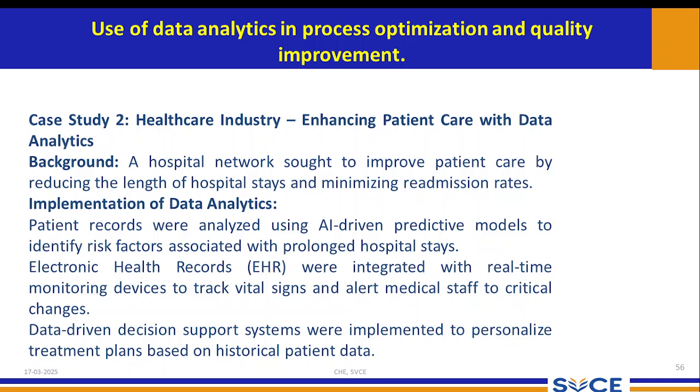As I told you while covering this part, you can have a sensor connected to your hand or something. When you go jogging or walking, it will record your blood pressure, your pulse rate, your heartbeat, and the sugar level in your blood. All this can be monitored.